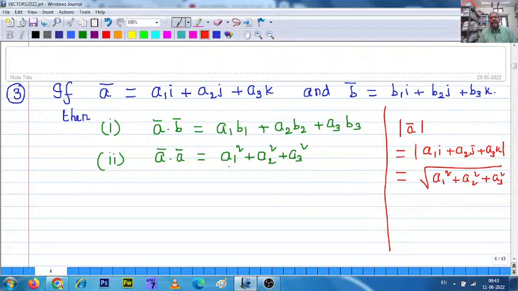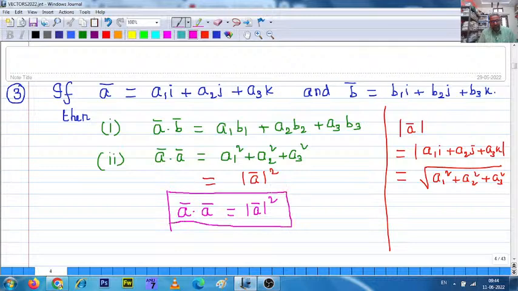So a1 square plus a2 square plus a3 square is nothing but mod a whole square. So a dot a is nothing but modulus of a whole square. You remember this, it is a very important result.